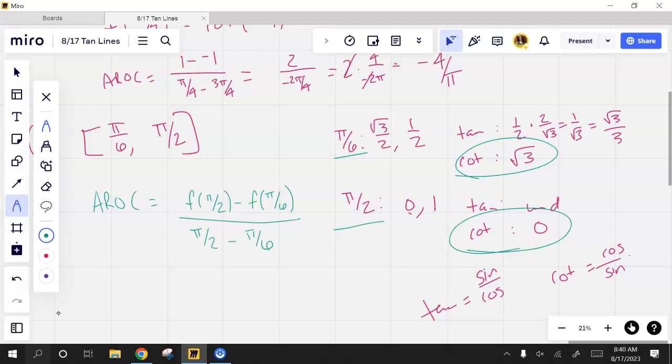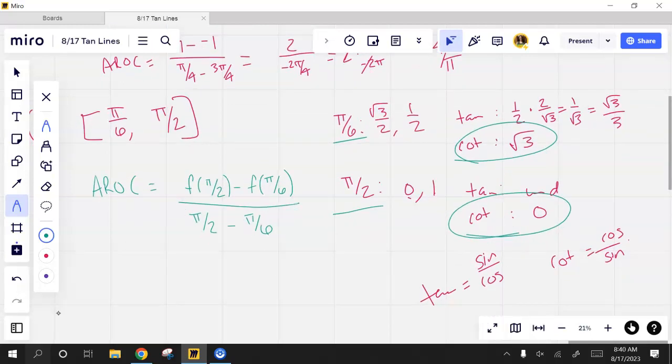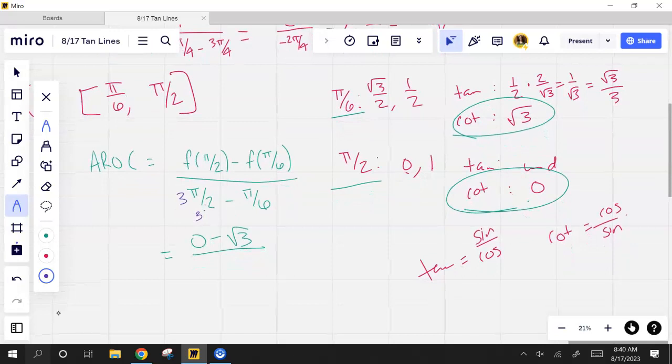And since I don't have a calculator for this, the cotangent of pi over 2 is 0. Number 5, part B. f of pi over 6 would be square root of 3. And now I've got to do pi over 2 minus pi over 6. I'm going to times by 3, times by 3. So 3 pi over 6 minus pi over 6 would be 2 pi over 6, to get a common denominator.